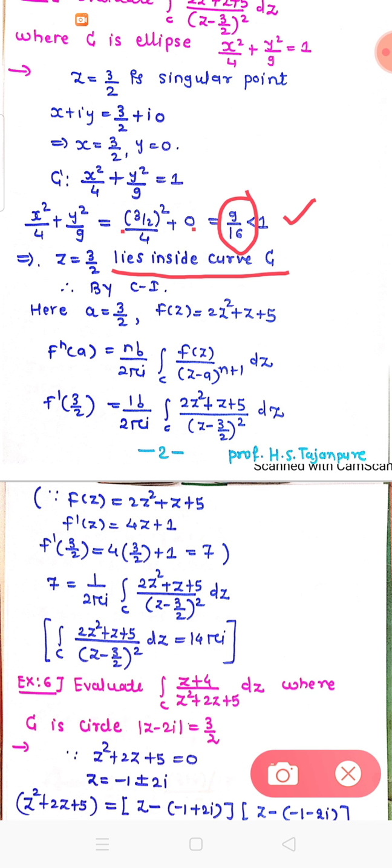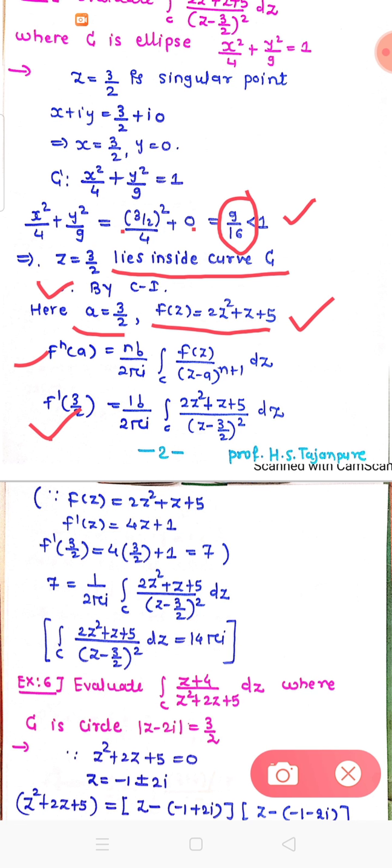Therefore, by Cauchy's integral formula, whatever point lies inside the curve C, we denote by a, and whatever remaining function is there, just neglecting that denominator term, that is your f of z, which will be analytic on and within the closed curve C. Again write the same Cauchy integral formula statement and substitute all the values, the value of a.